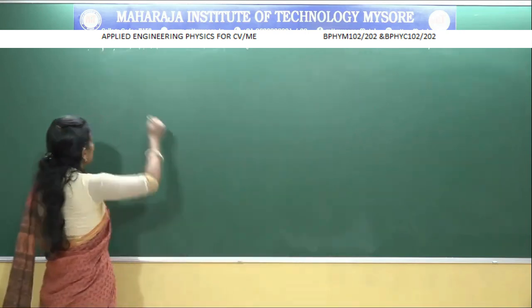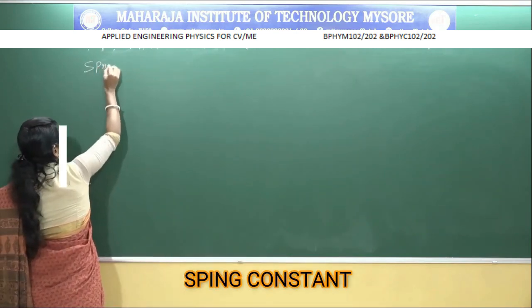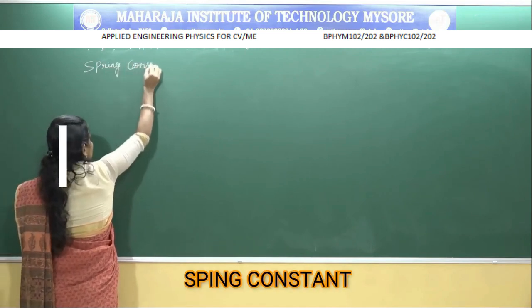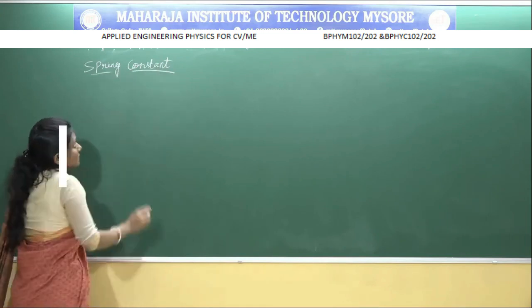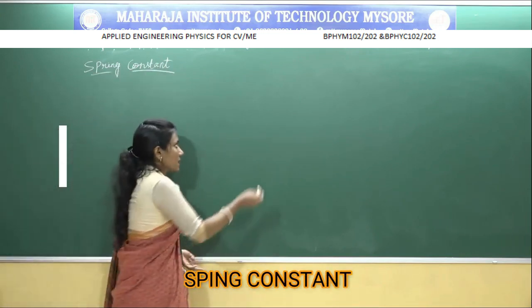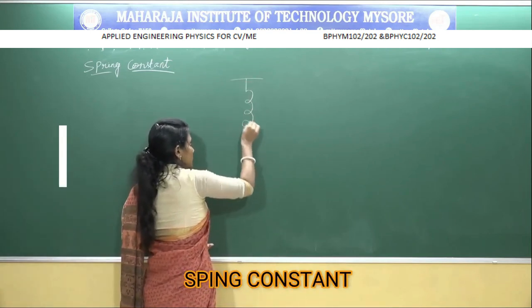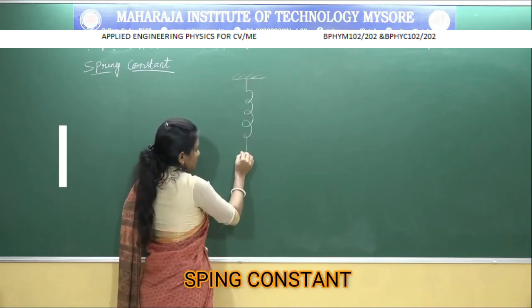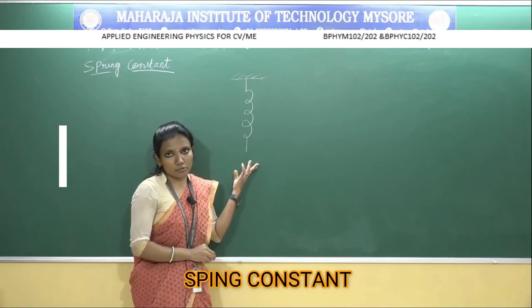So next is the spring constant. What is the spring constant? If we consider any spring, one end is attached to a rigid support and the other end is attached with some load.